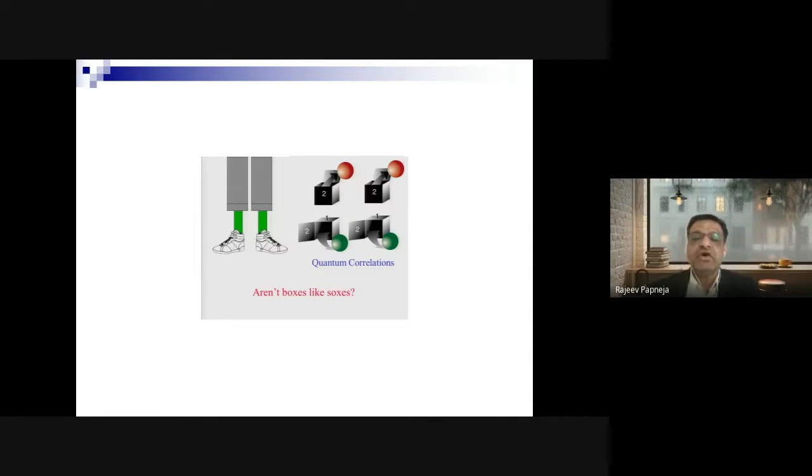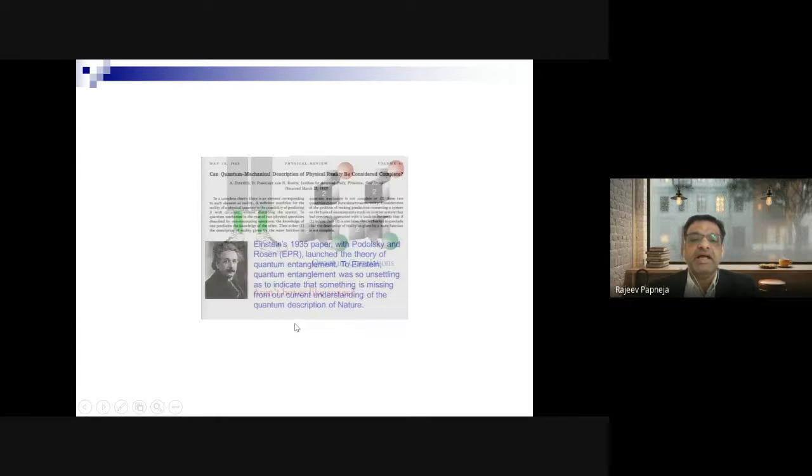Now, this idea of quantum entanglement was first explicitly described in a paper by Einstein and 2 collaborators in 1935, where he found that this phenomenon of quantum entanglement, where you correlate 2 qubits that are distant apart but they still open up in the same state, was very, very disturbing.